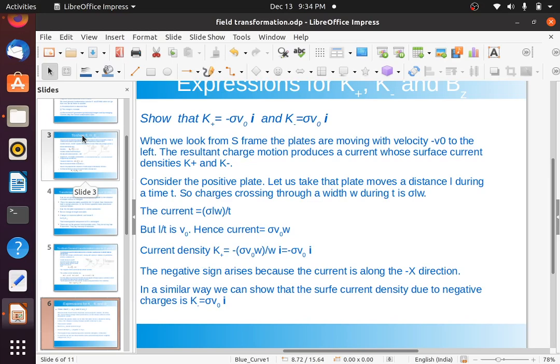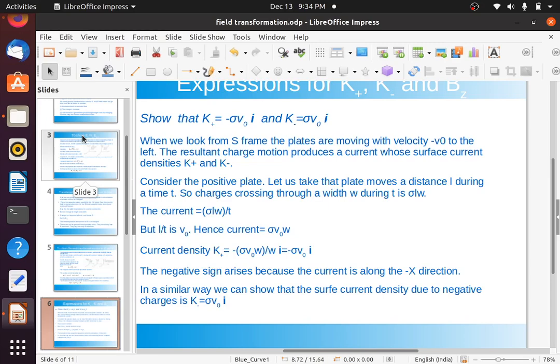This plate moves a distance L during a time interval t, so during that time the total charge crossing through a width W will be given by sigma into LW. LW is the area, where L is the distance moved, and W is the width.